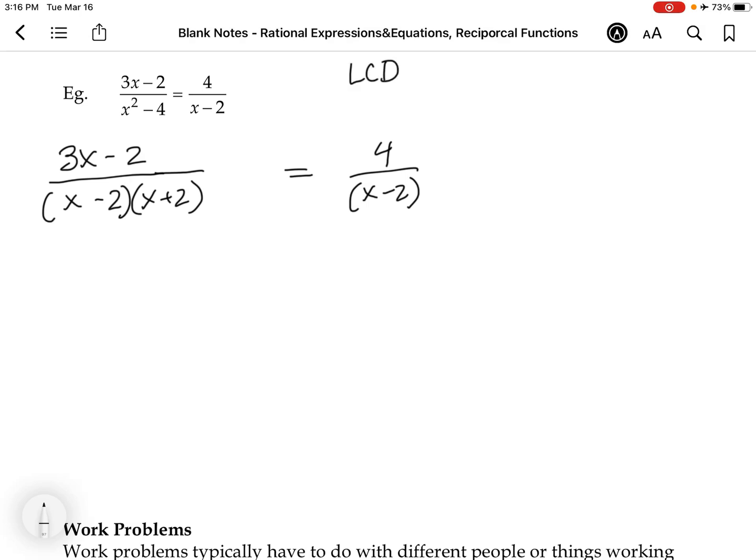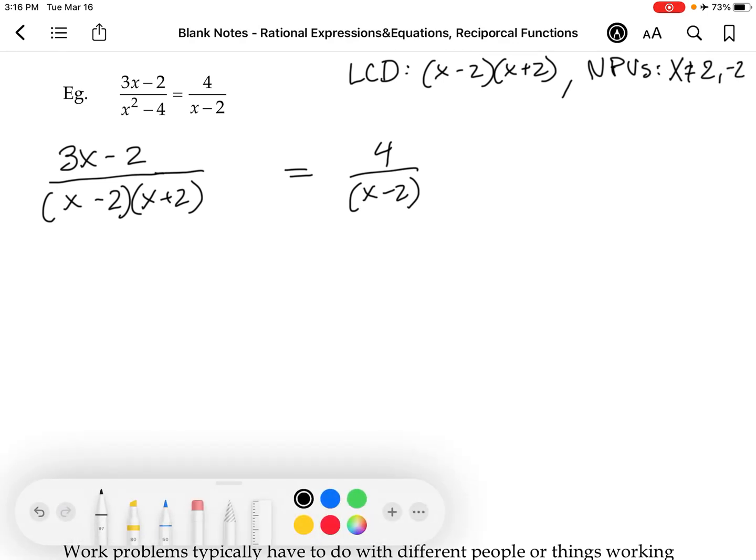Now LCD, non-permissible. So the LCD looks like x minus 2 times x plus 2, because that takes care of the first denominator, and then the factor of x minus 2 from the second denominator is already taken care of. So that's our LCD. Okay, now we can go ahead and, oh, non-permissibles, sorry, forgot about that. X cannot equal 2 and negative 2. There we go, that's better.